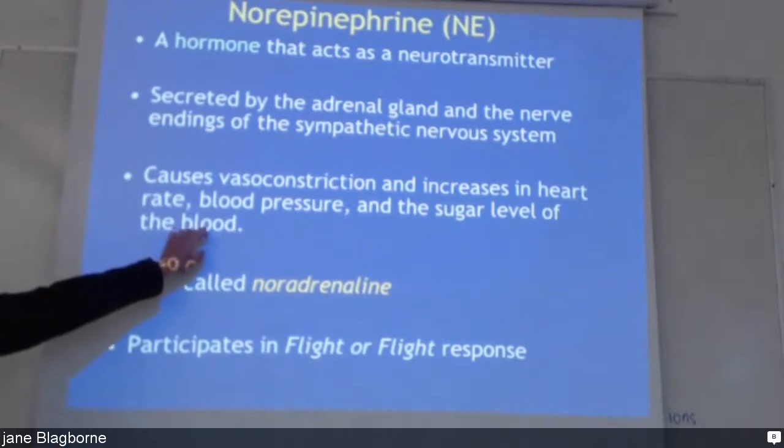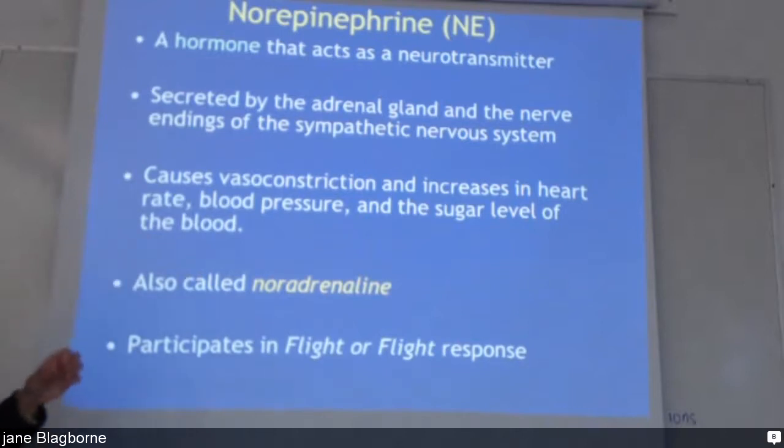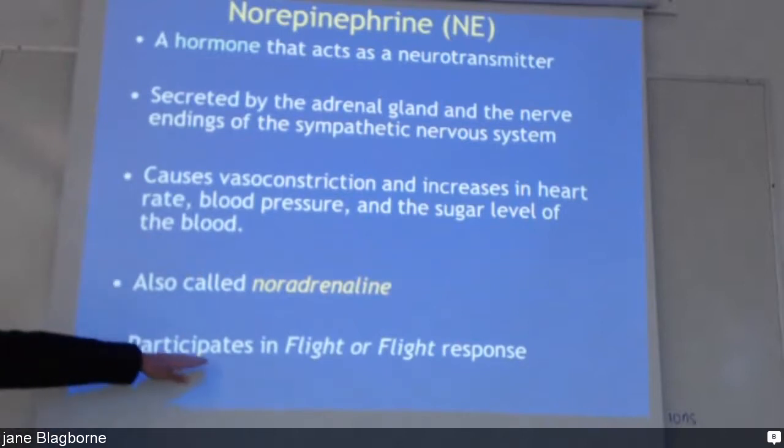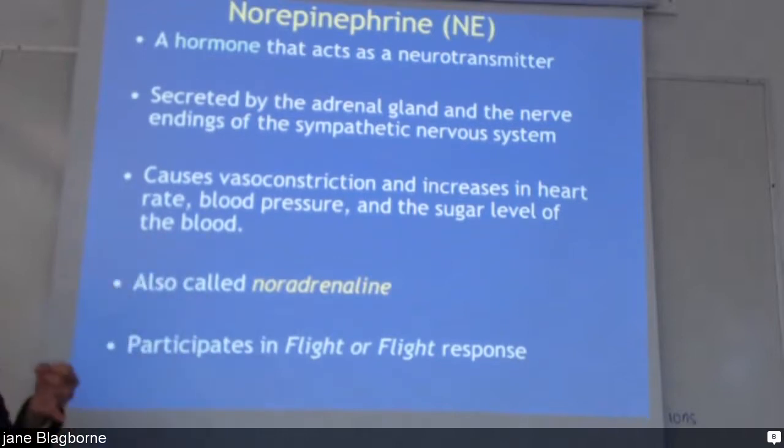A lot of your asthma medications are epinephrine based because it is the fight-or-flight response. If you were running from something, you have to increase your heart rate, dilate the blood vessels, and increase your respiratory rate. It opens up your bronchial tubes so that you can breathe better.